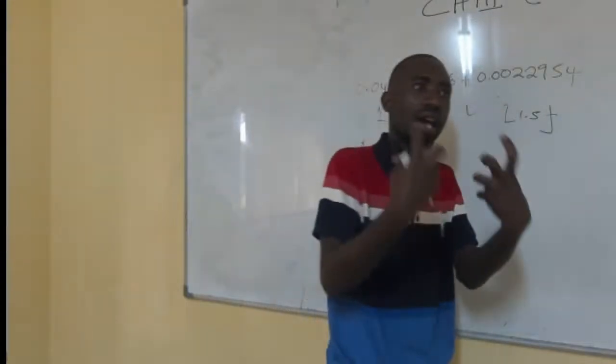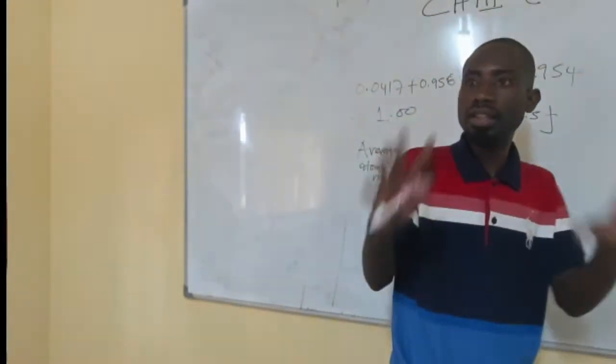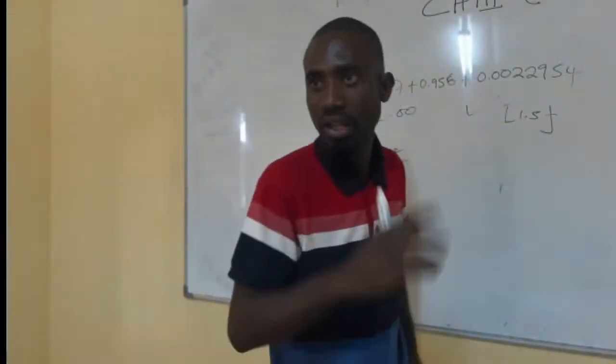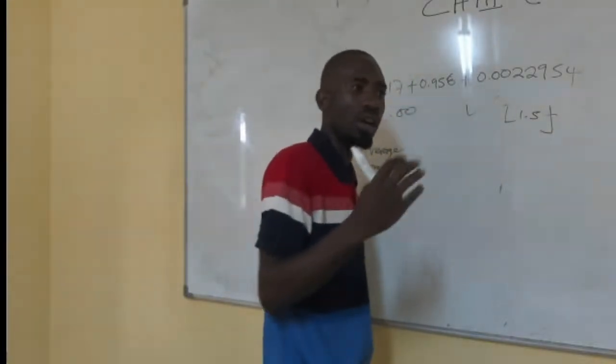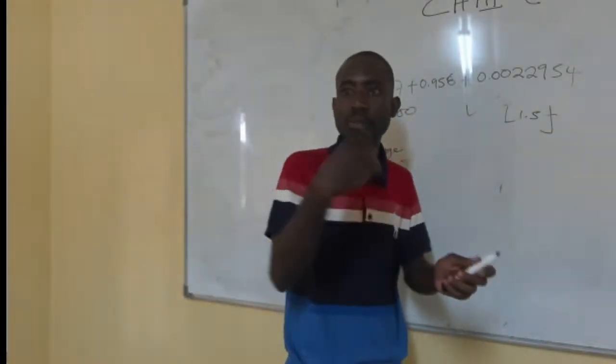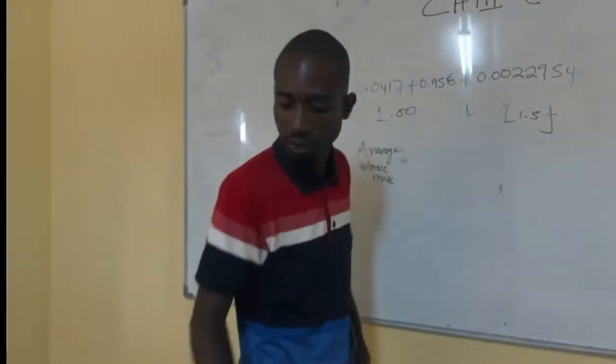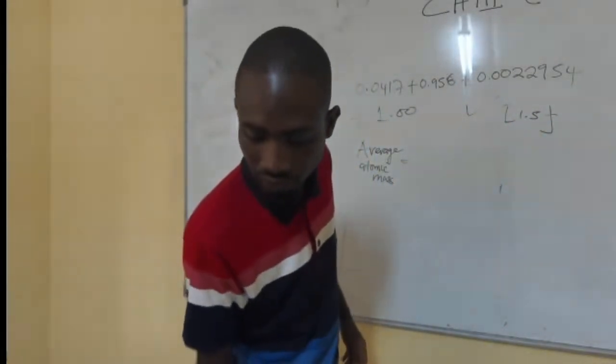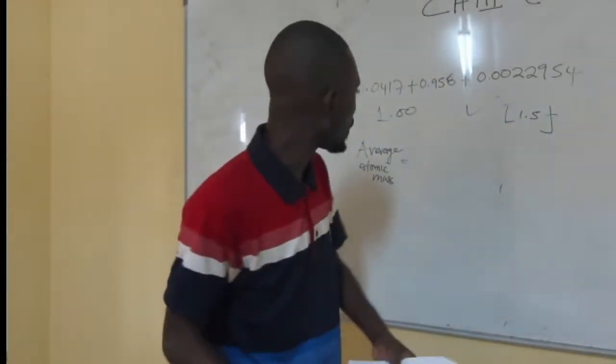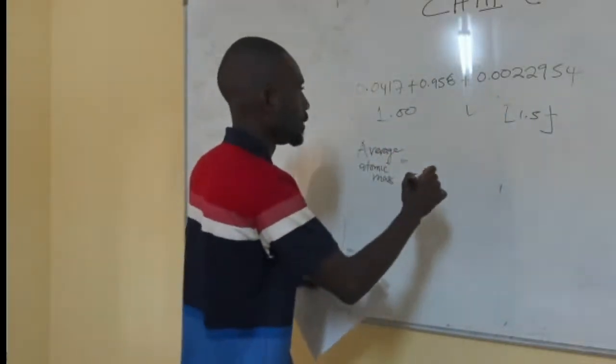Once you find the average atomic mass, then you'd have gotten the element. That element you'd have gotten on the periodic table, just simply comparing your value to that on the periodic table. So you had a table.